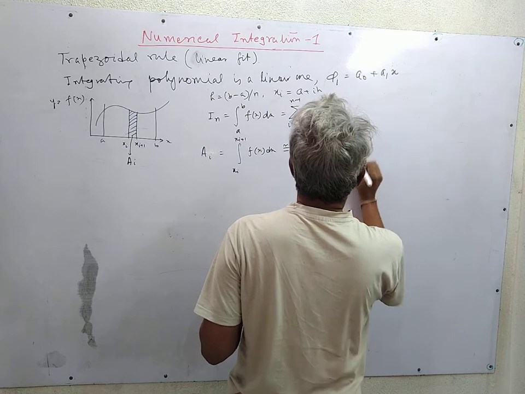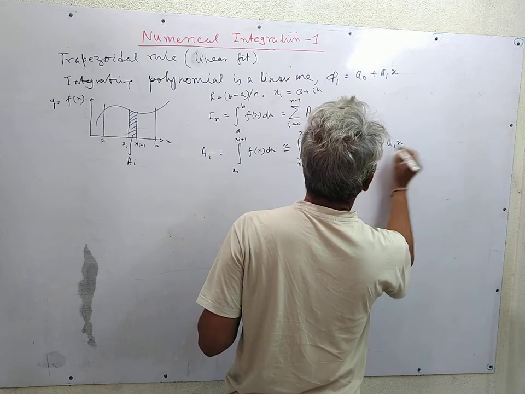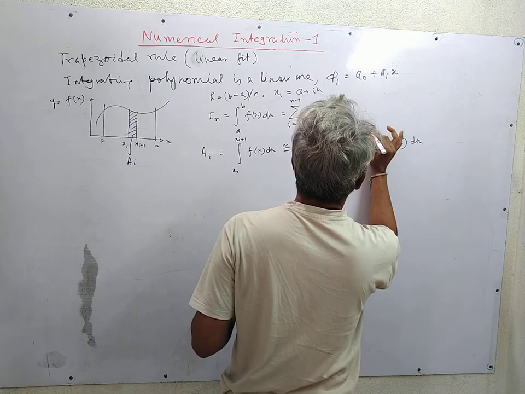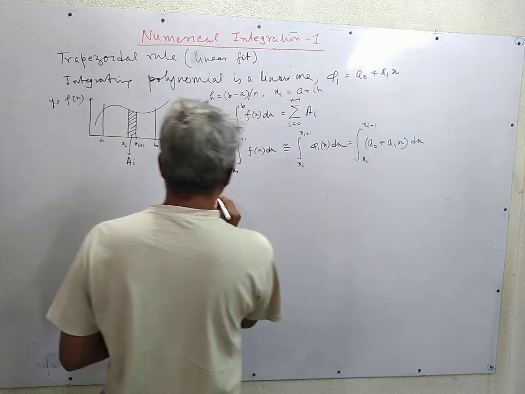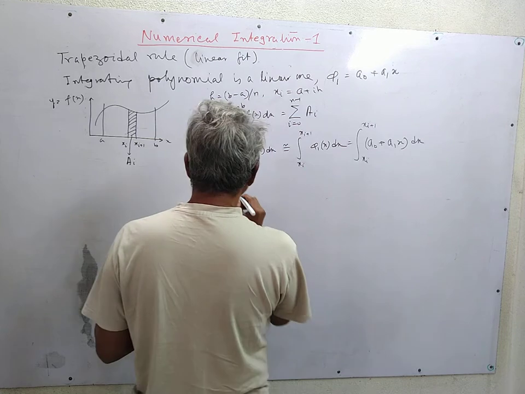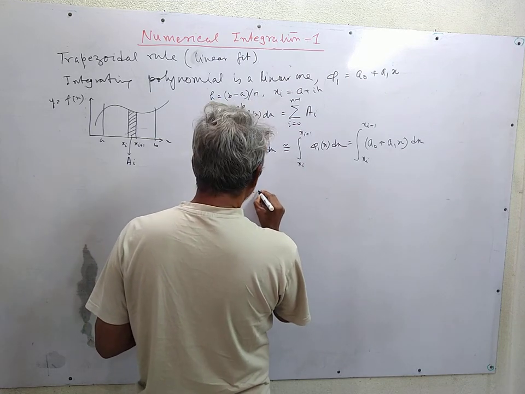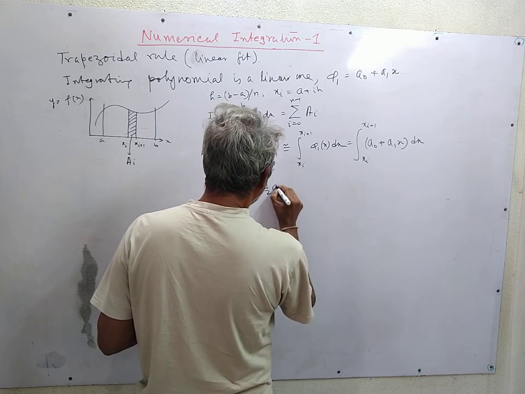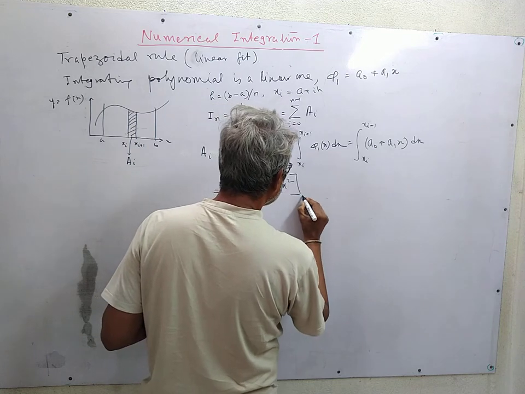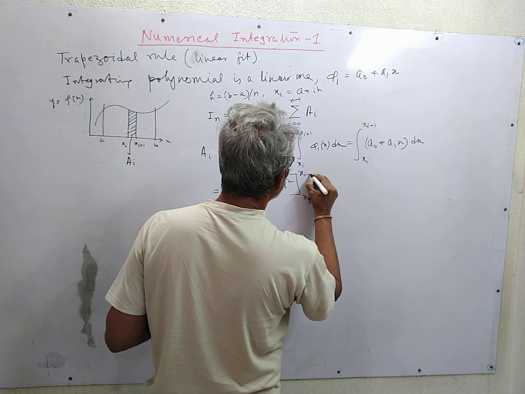And the approximate result is a0 x plus half a1 x square within limits xi to xi plus 1.